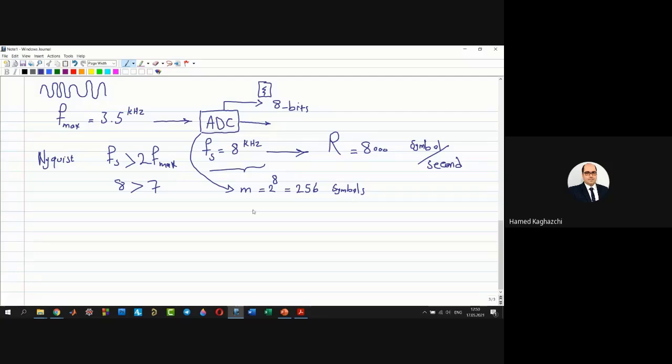So the entropy of this source is equal to log 2 m, which is log 2 of 256, which is equal to 8.